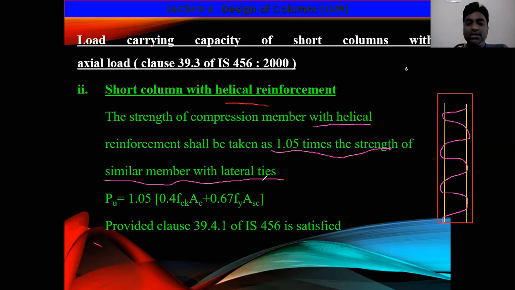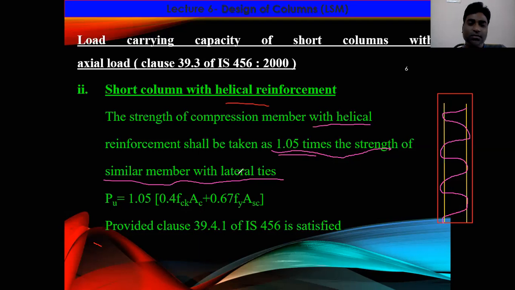That means instead of providing the lateral ties, if we provide the helical reinforcement for the same column, the strength is increased by 5%. That is 1.05 times the strength of a similar member with the lateral ties, right?